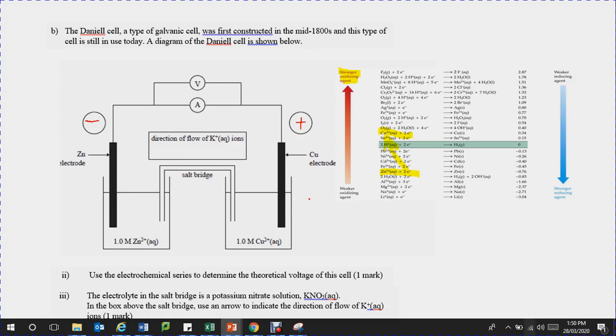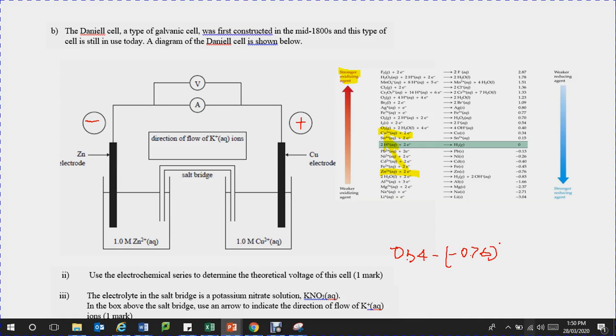Okay. Question 2, I needed that information anyway. We need to use the electrochemical series to determine the theoretical voltage of this cell. So if you grab out your data booklet, we need to have a look at the values. Remember, it's the value of the higher half cell first, so in this case 0.34, subtract the other one, 0.76.